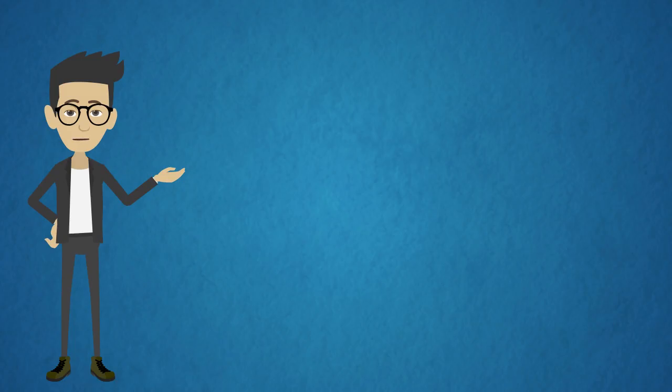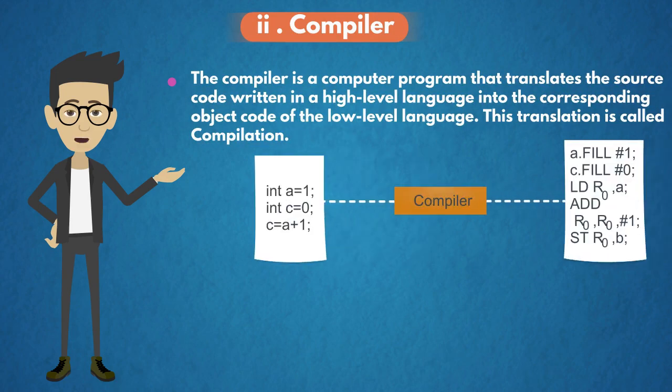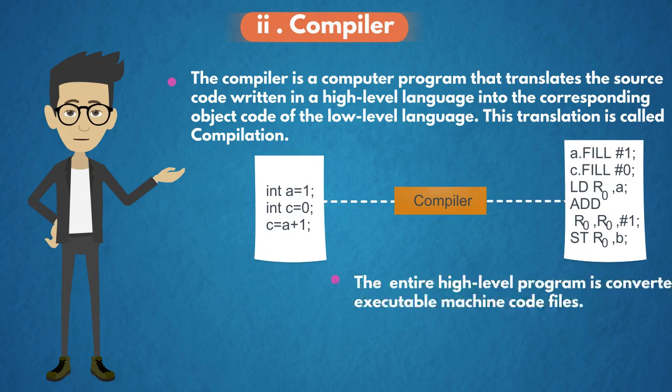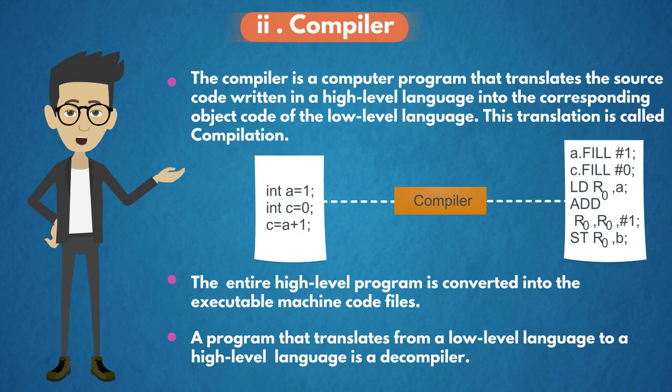The second system tool is a compiler. The compiler is a computer program that translates the source code written in a high-level language. This translation is called compilation. The entire high-level program is converted into executable machine code files. A program that translates from a low-level language to a high-level language is a decompiler.